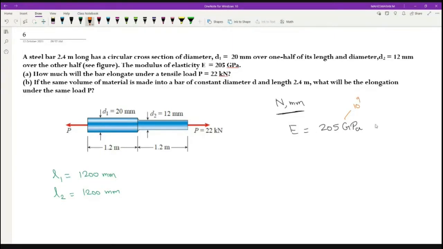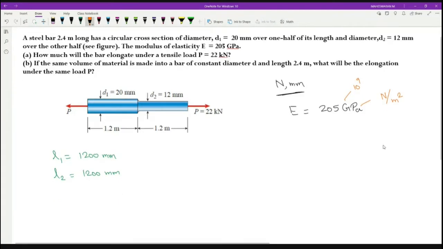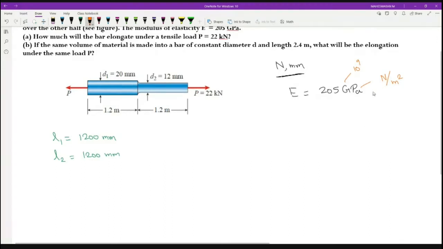What is Pascal? Pascal is Newton per meter square. 1 Pascal is Newton per meter square. I want to convert this 1 Newton per meter square to Newton per mm square.